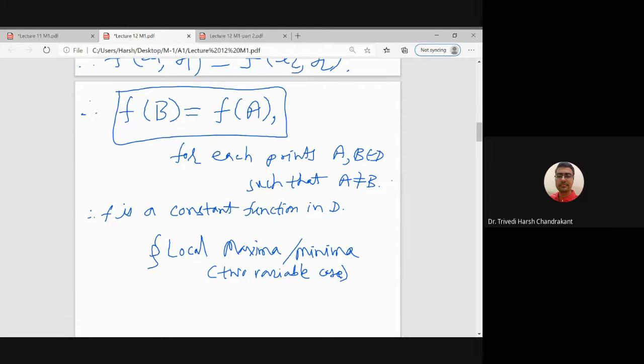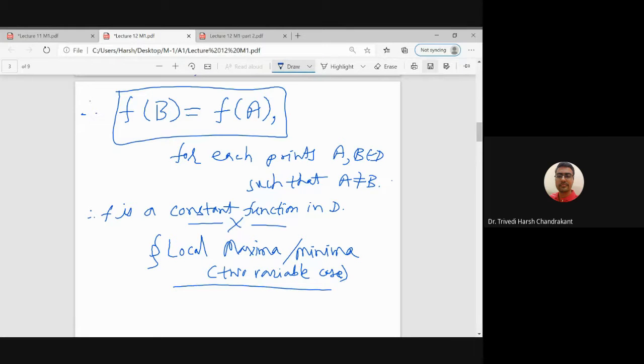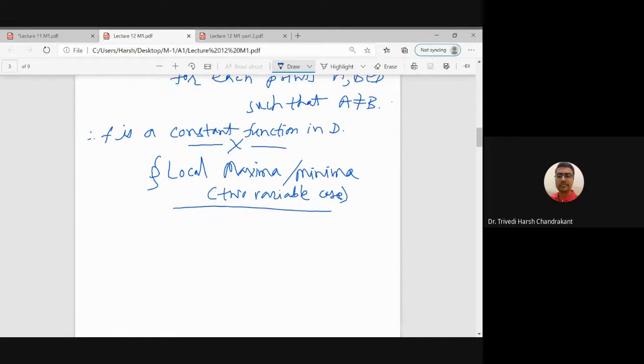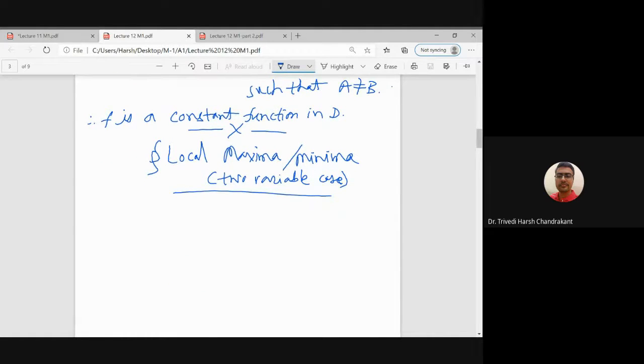So most of the things, whatever we are doing for two variable functions, that holds for three variable functions also. But in this course, mostly we will discuss two variable things. Only we will discuss is the integration. We will use triple integration. There we have a function of three variables.